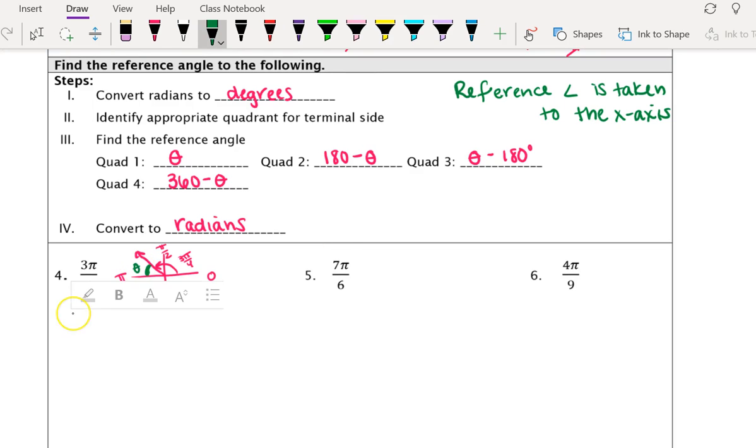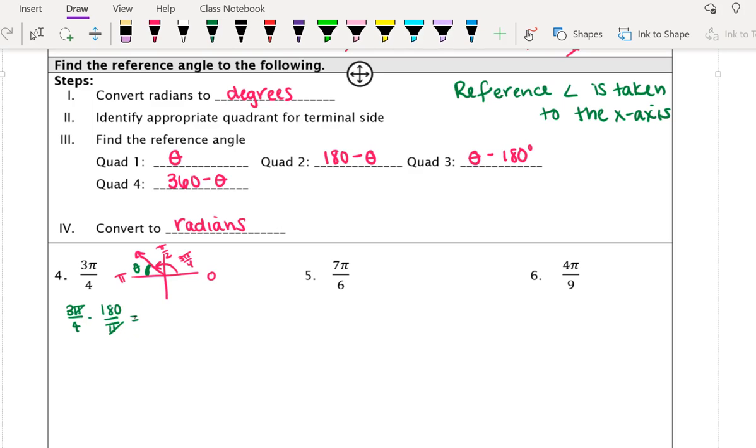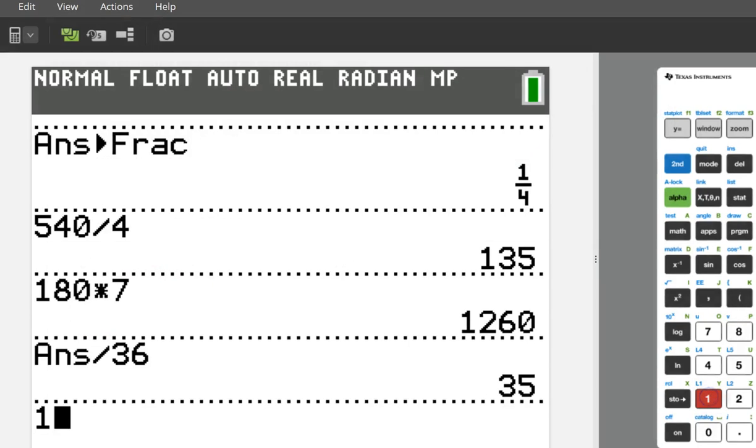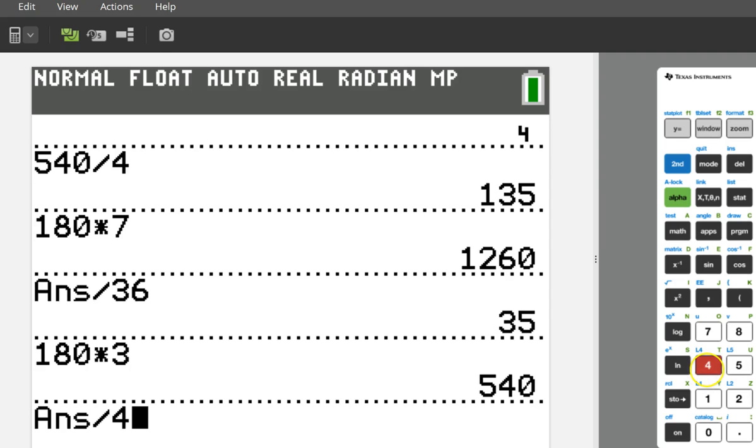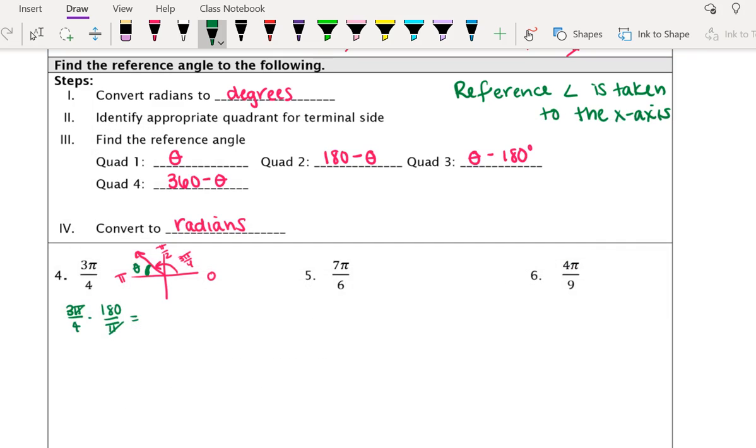So if I take 3 pi over 4 times 180 over pi, cancel out your pi's, and then we're taking 180 times 3 divided by 4, and so we have 135 degrees.